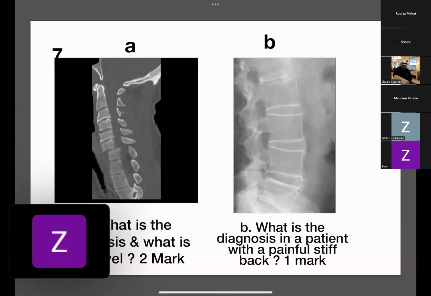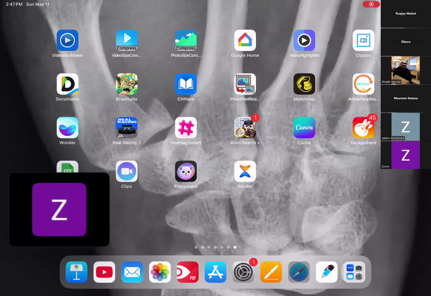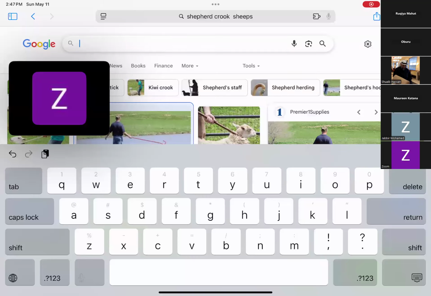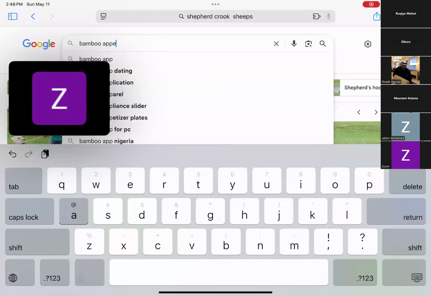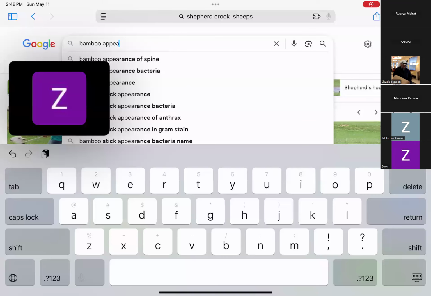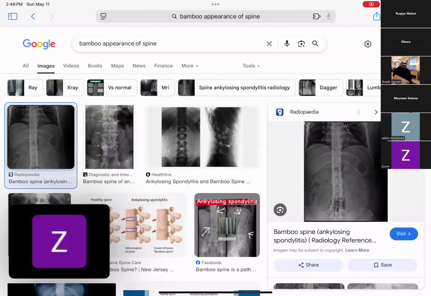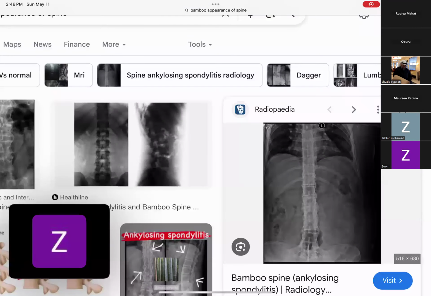But you can also see it even in AP views. Even in AP views, you can see the bamboo appearance. It's quite characteristic, but that one I think looks bamboo. Yeah, you can see in the AP clearly how it looks. It's clearer even in the AP. Looks like a bamboo. Okay.